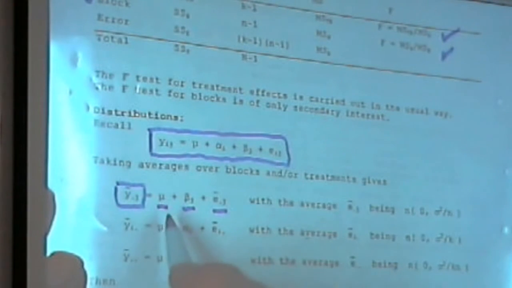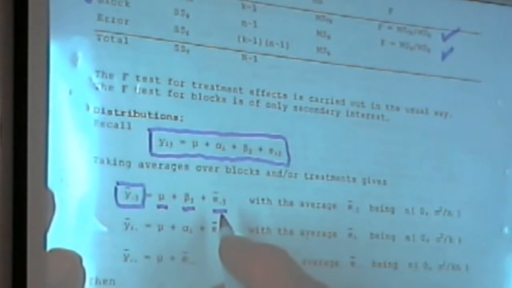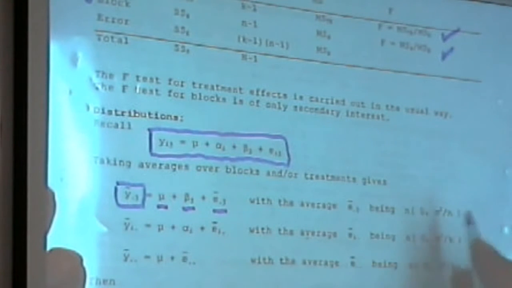Now if I look at this thing, on the right side of the equality sign, mu is a constant, beta j is a constant. The E bars are random variables. And they're just simply sample means. So I just quote the standard result for the distribution of a sample mean, and here it is: zero mean, variance sigma squared over n.